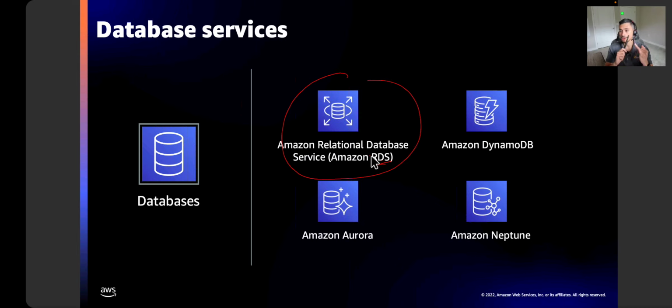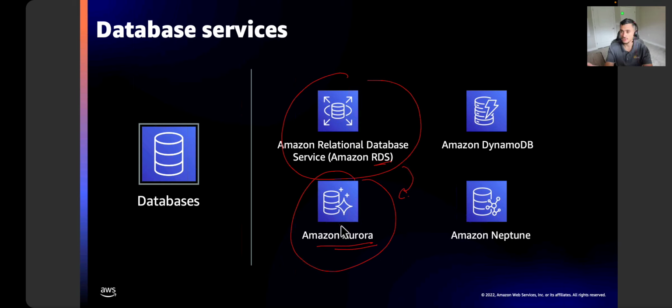There's MySQL, PostgreSQL, MariaDB, Microsoft SQL Server. What did I forget? Oracle. And then the 6th one would be Amazon Aurora, which you see on the slide here. So Amazon Aurora is one of the relational database options you can spin up with RDS.